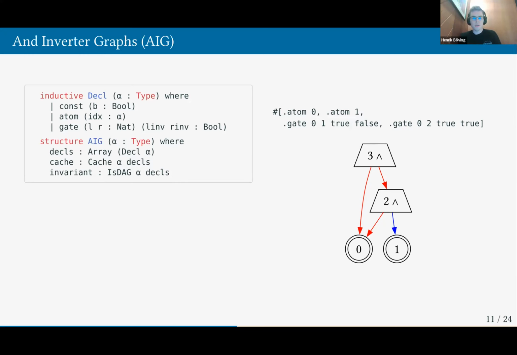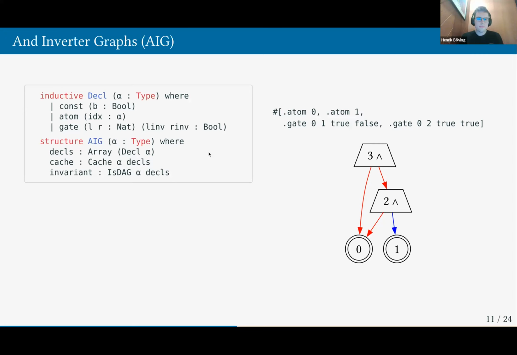So when you're adding a new node, you first build the node and then you just ask the cache, hey, does this exist already? If it exists, you just use that index. And if it doesn't exist, you add that node to this array and then you continue on. And then lastly, there's an invariant that these circuits form directed acyclic graphs because we are not interested in circuits with cycles here.